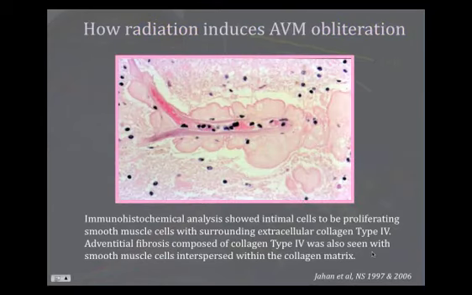So if we give as high a dose as possible, we will achieve more obliteration in a shorter period of time. And what is going on there? That's the histology of one of the animals used. The obliteration occurs because there is smooth cell proliferation, endothelial proliferation, and accumulation of collagen type 4.